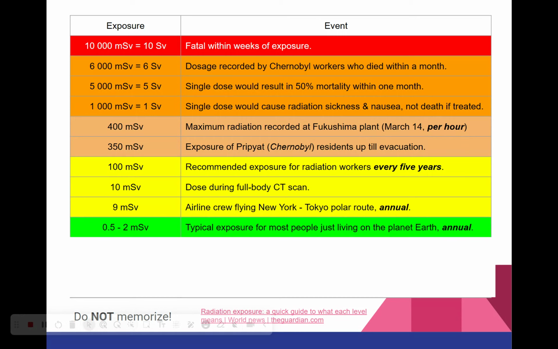Now we're talking about the annual background radiation that an average person is exposed to. And we can't get away from that. There are naturally occurring forms of radiation on our planet that have nothing to do with anything we do in our modern day world.